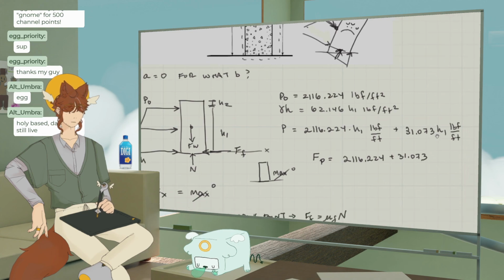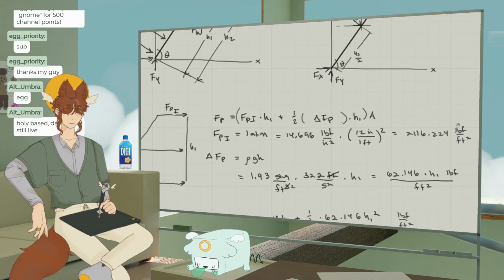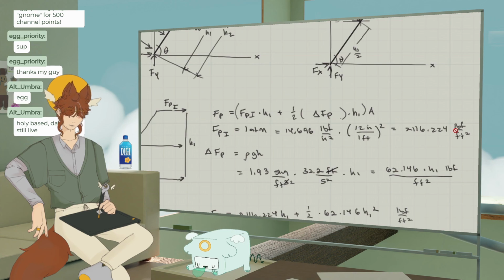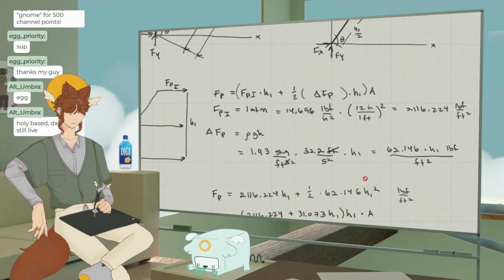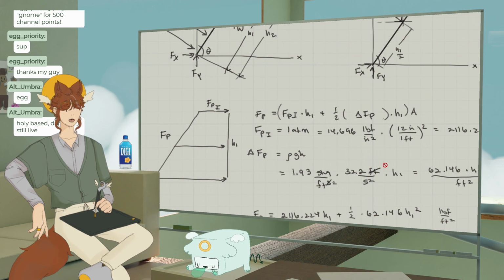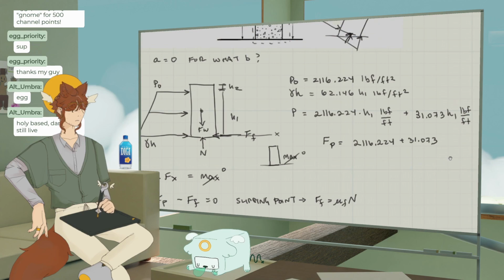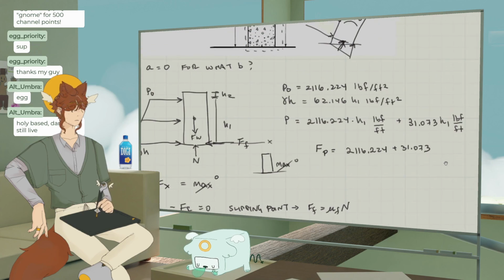And why did I have a squared in here before? What was happening there? Oh, because I was just multiplying. Oh, because there's a rho g h. Yeah. No, wait, that's rho g and then times h.